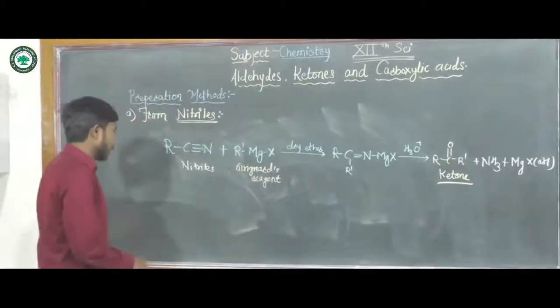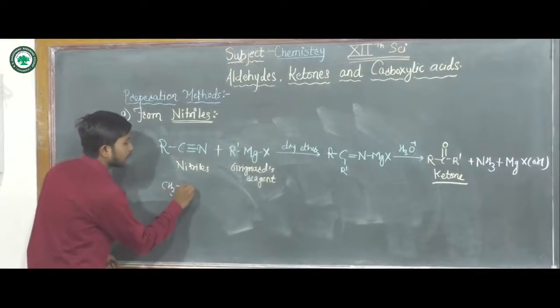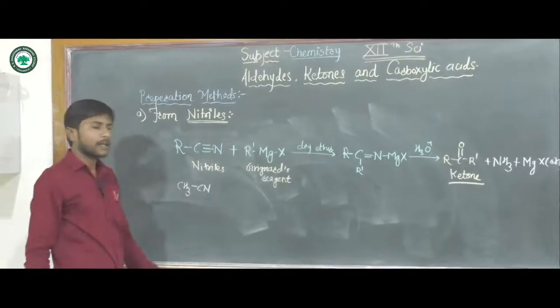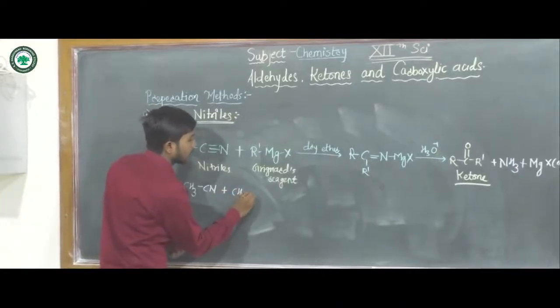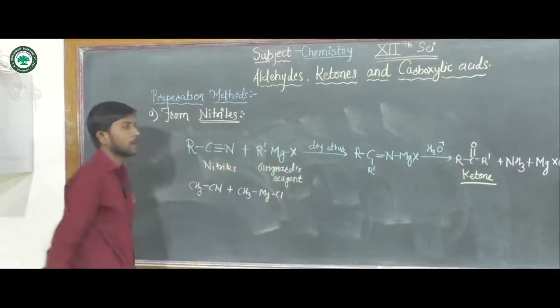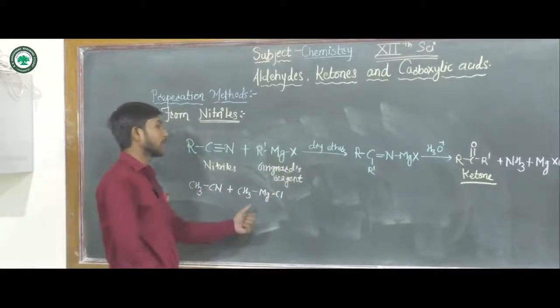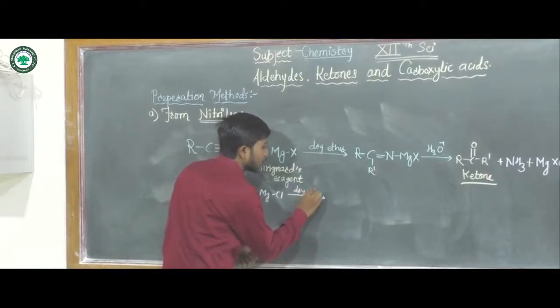We can look at an example. You can see CH3CN, again ethane nitrile, when it reacts with methyl magnesium chloride, that is the Grignard's reagent, in the presence of dry ether as a solvent.